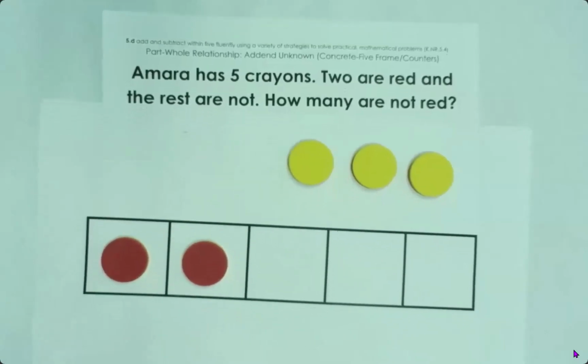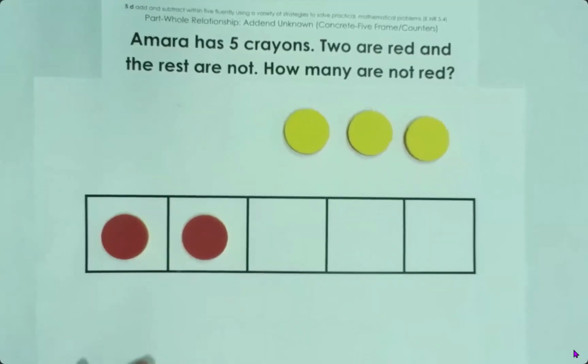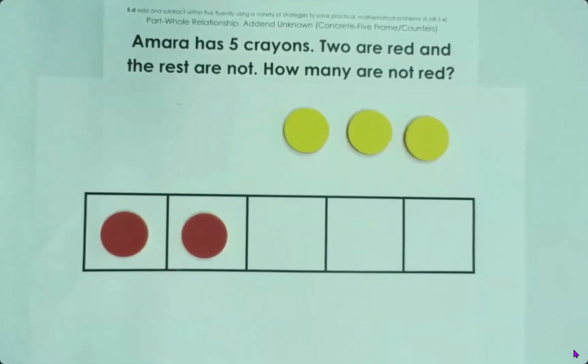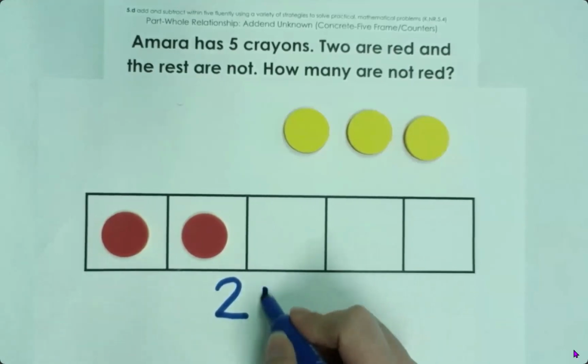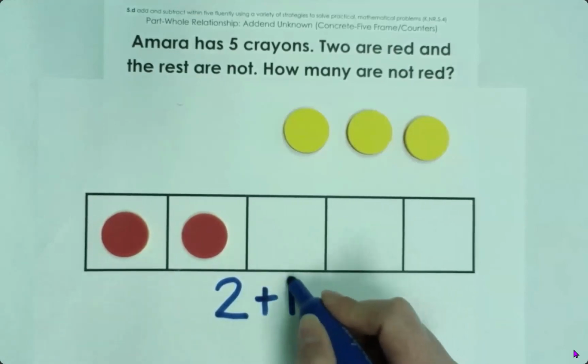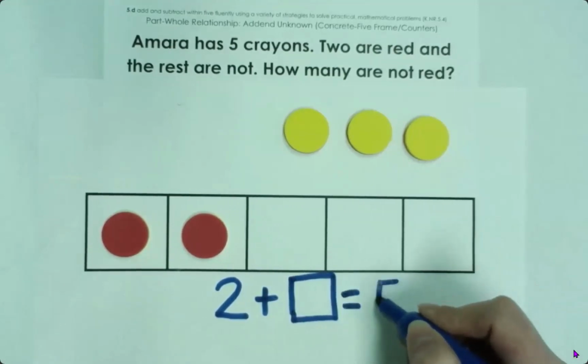How many are not red? So as I'm thinking through this situation with students, I know that I have 2 red crayons, or Amara has 2 red crayons. And she also has some yellow crayons. And all together, she has 5 crayons.